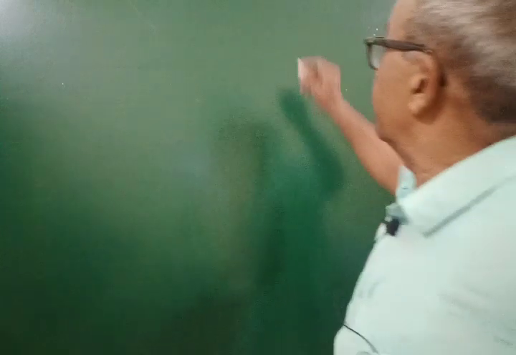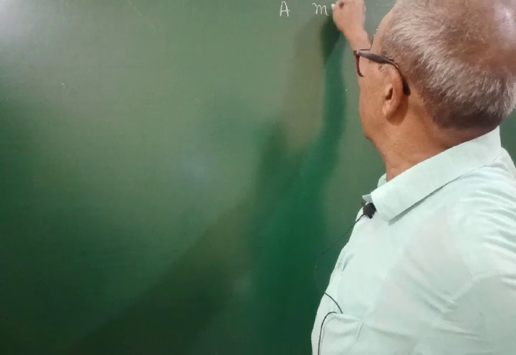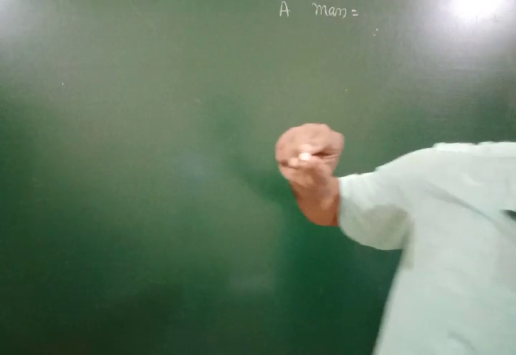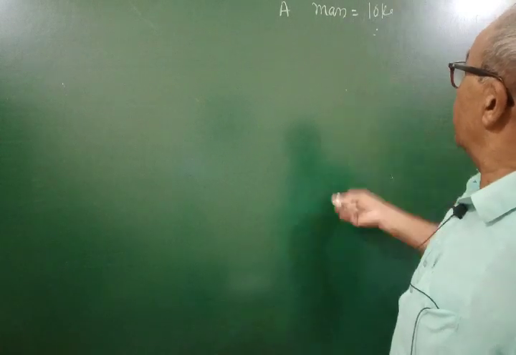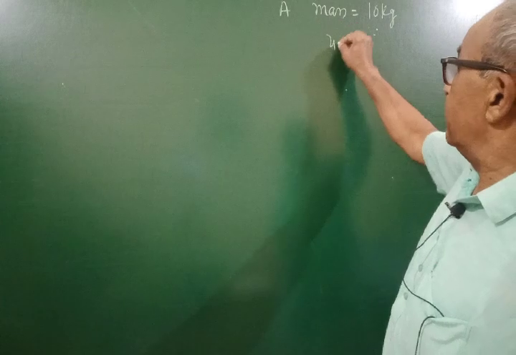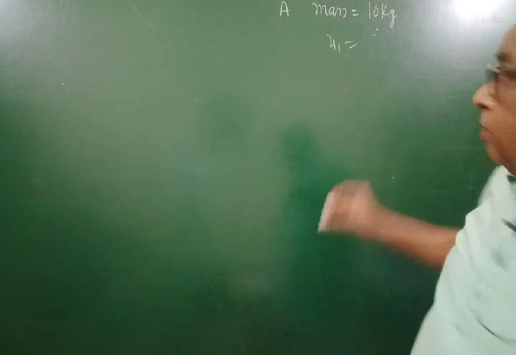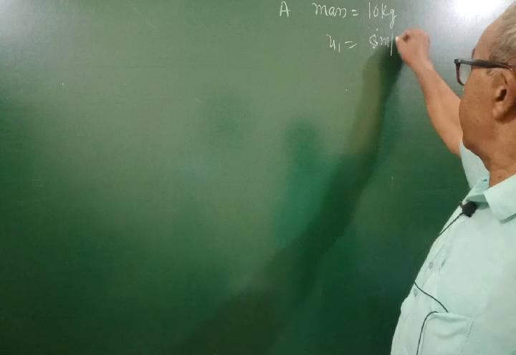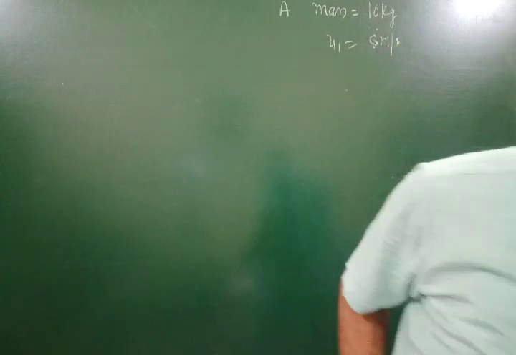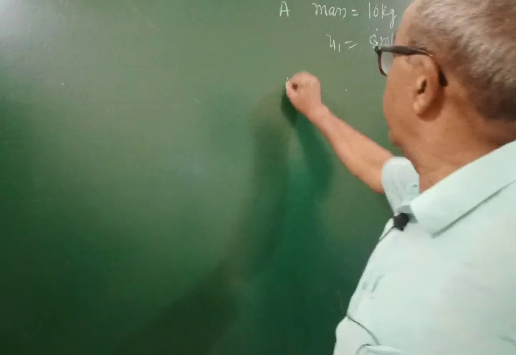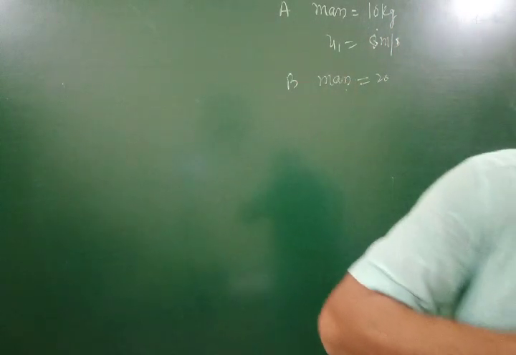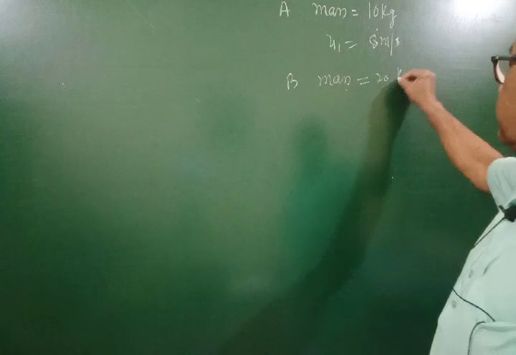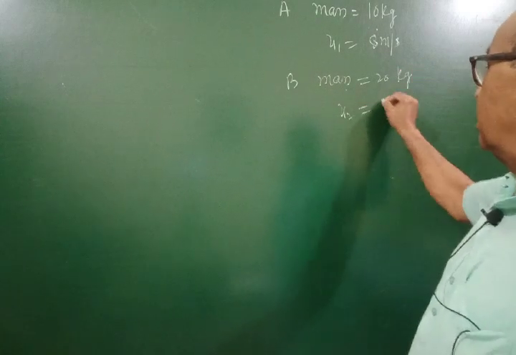A 10 kg ball A moving with a speed of 8 meter per second collides with mass M2, ball B, whose mass is 20 kg, initially at rest.